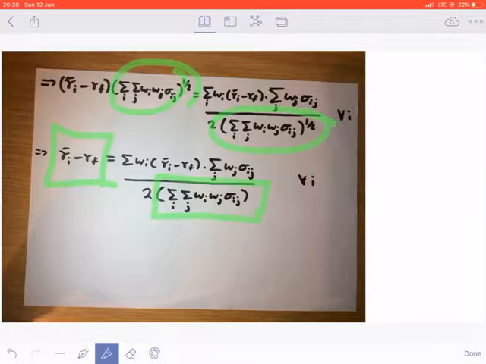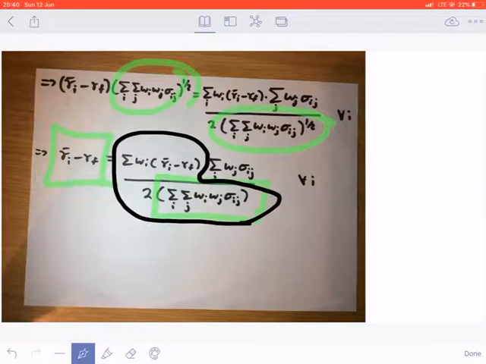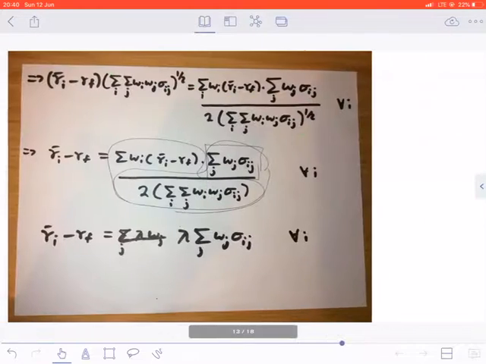Now what you want to do is to group these two things together, so that you are only left with the covariance matrix over there, and this is the resulting equation in the next page.